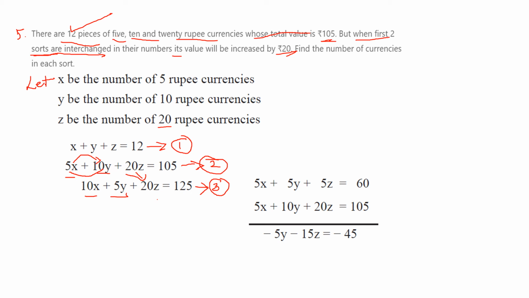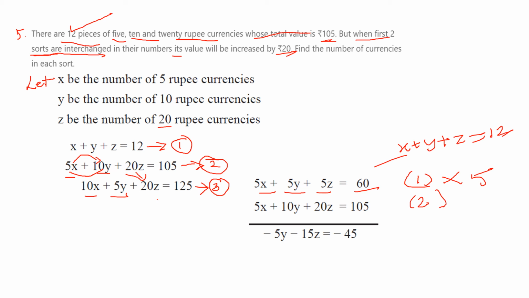Next, compare the two equations and eliminate one variable. So first equation into 5. So our first equation is x plus y plus z equal to 12. Therefore 5 into x 5x plus 5y plus 5z, 12 into 5 60. So our second equation, 5x plus 10y plus 20z equal to 105.